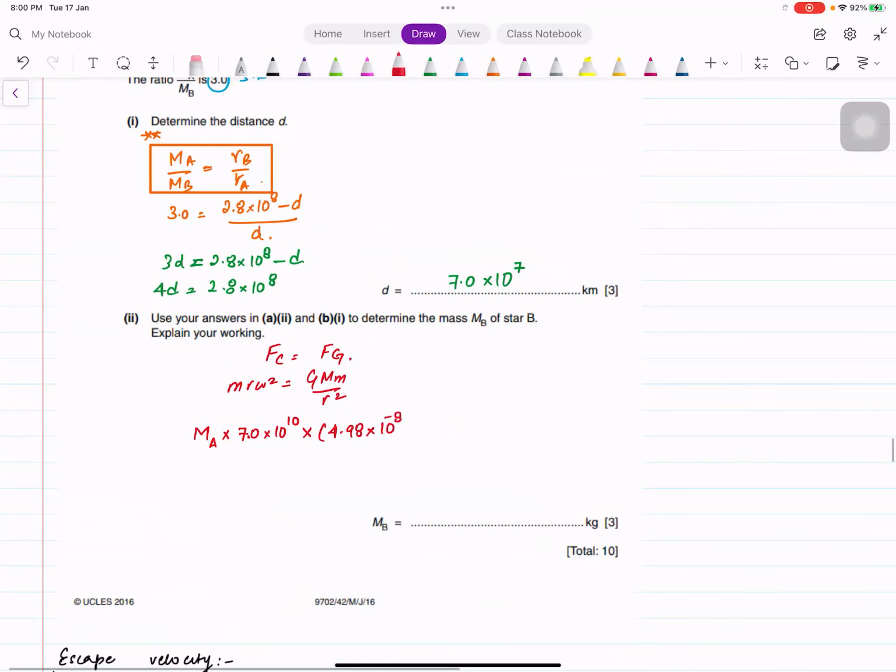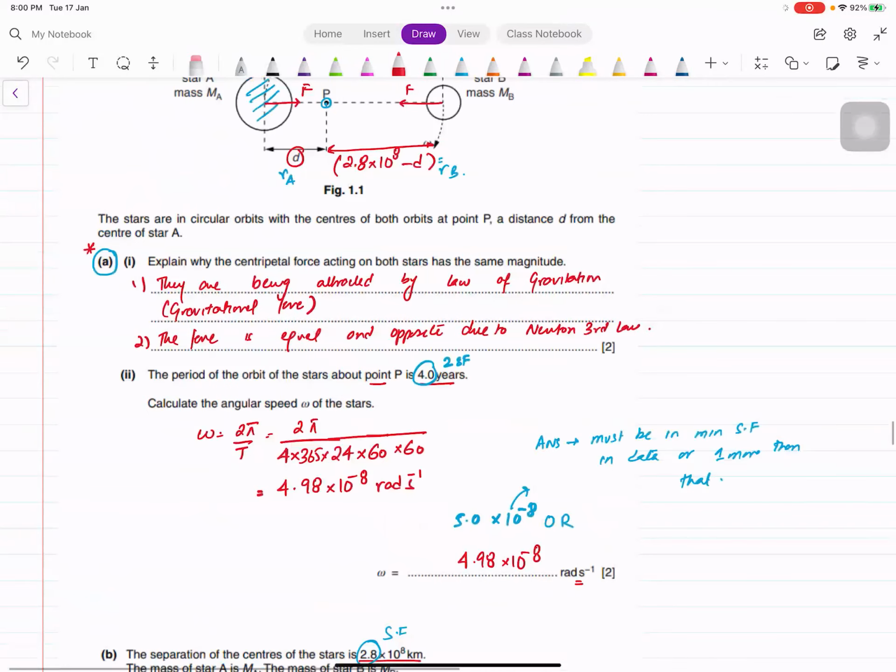Then whole squared equals 6.67 times 10 raised to power minus 11, times the masses, one is MA and the other is MB, divided by the distance between them, which was 2.8 times 10 raised to power 8 kilometers.